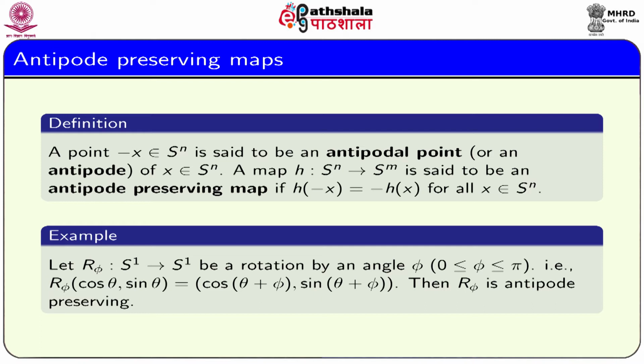Now, we come to an example. Suppose R phi is a map from S1 to S1 which stands for a rotation by an angle phi, that is R phi of (cos theta, sin theta) is (cos(theta plus phi), sin(theta plus phi)). Then R phi is antipode preserving.